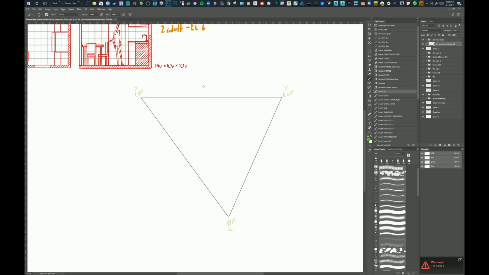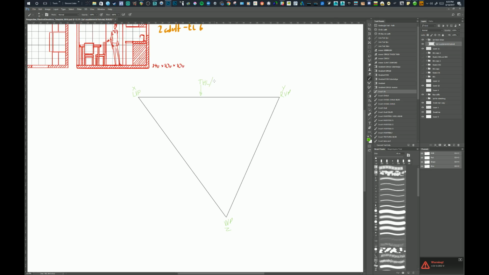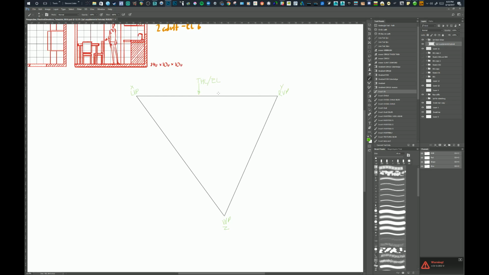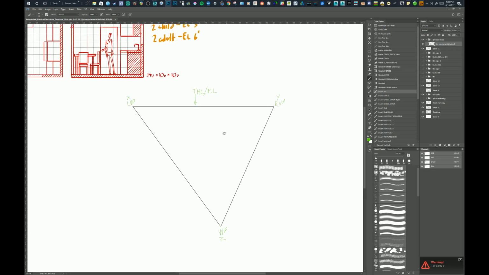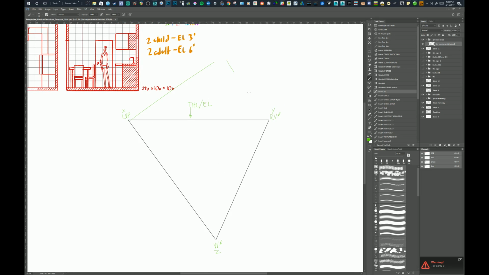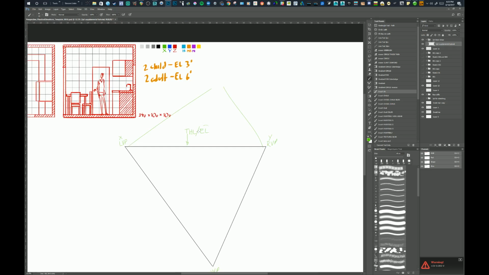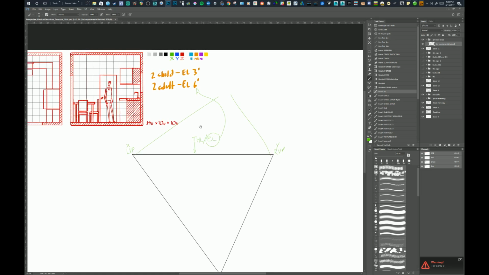Another thing to note is that this horizon line up here is called the true horizon line, and it is in fact the eye level. This particular case is looking downward because our vertical vanishing point is down. But if my triangle was facing upward, then we would be looking up, and this would still be eye level. Eye level works with the height of our eye.